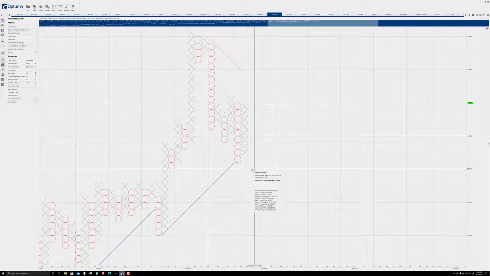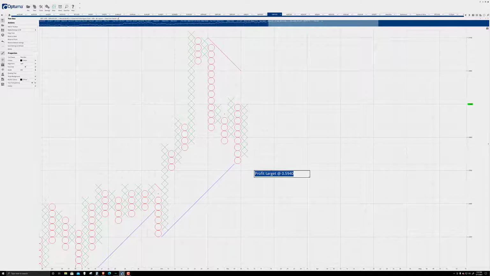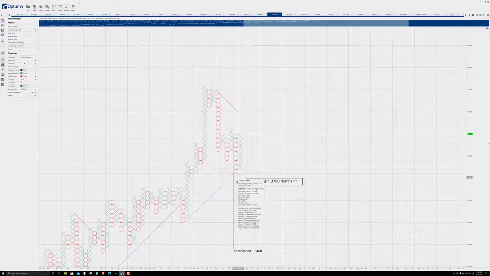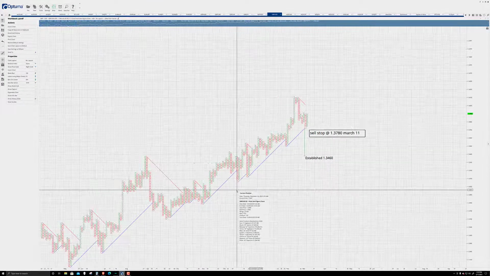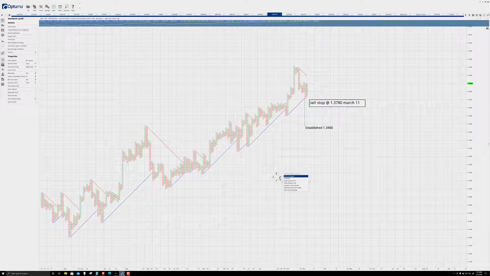But the short entry is at 137.80, and the profit target from there would be down at 134.60. Is that a very likely range? It could be.